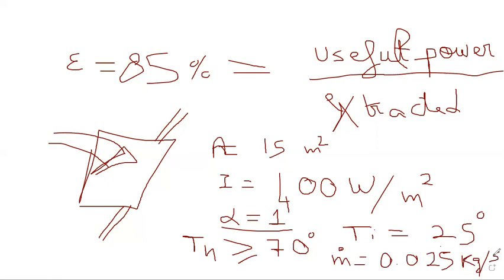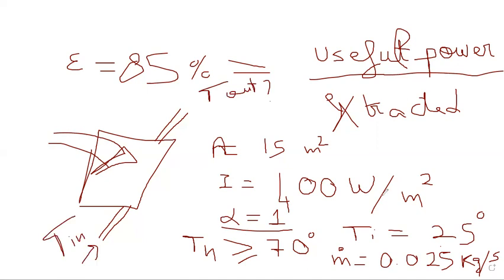What we want to determine is the temperature of water at the exit. We know the inlet temperature, T in, and we need to calculate the value of T out, to make sure we are able to reach the required temperature, which should be larger than or equal to 70 degrees.